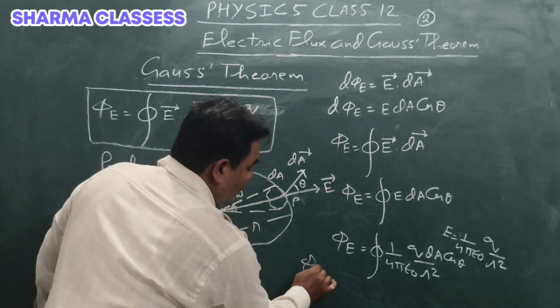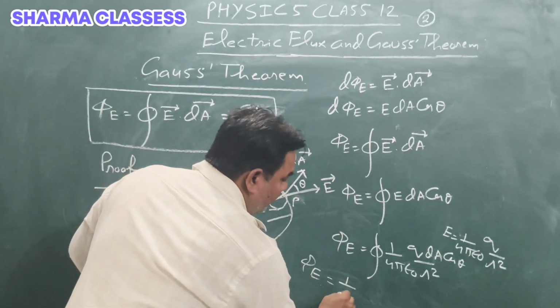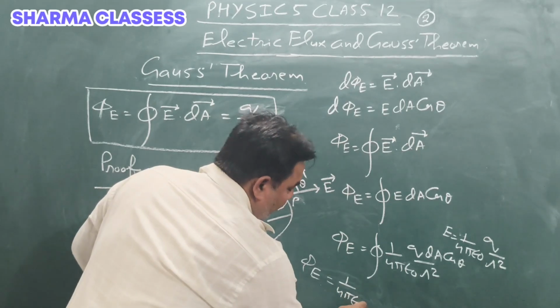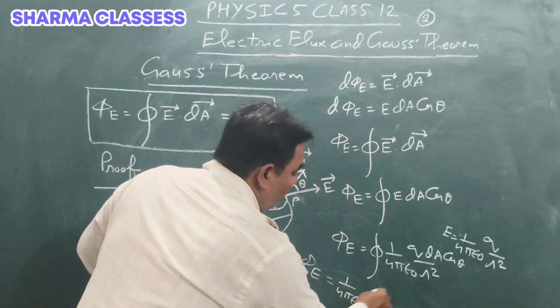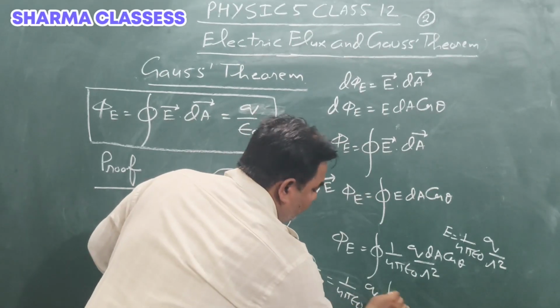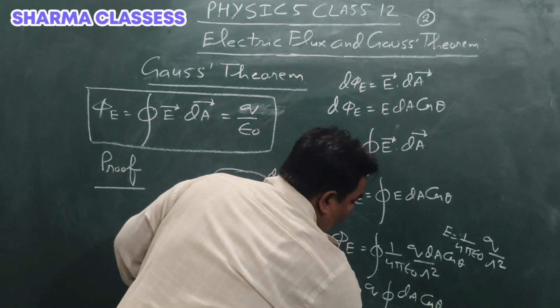Constants are taken out of the integration: 1 upon 4 pi epsilon naught Q is constant, leaving dA cos theta upon r square.